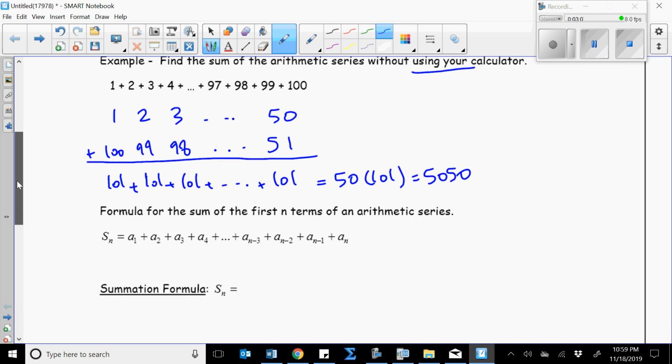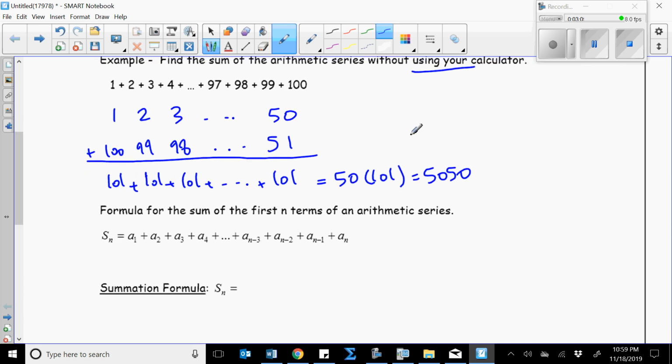This is actually the beginning of finding the formula for the sum of the first n terms of an arithmetic series. Basically what he did here was to add the first term, which is 1, and the last term, which is 100.